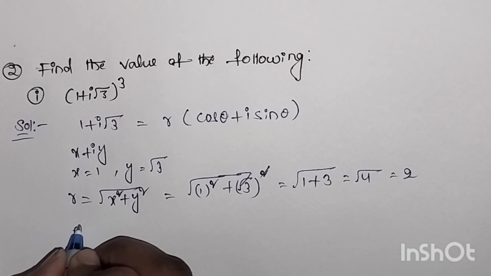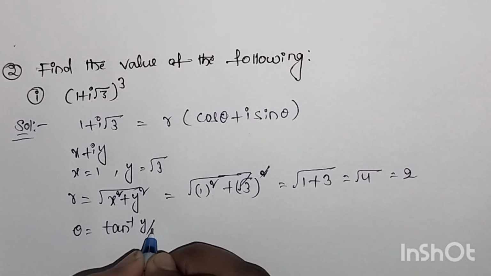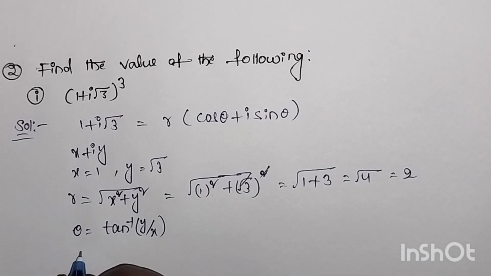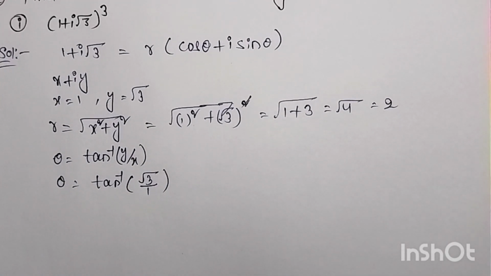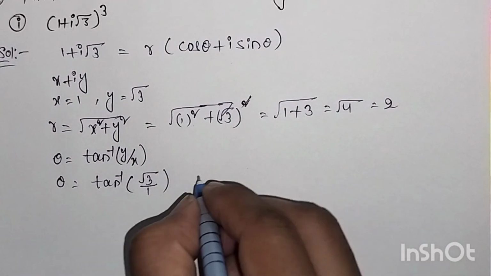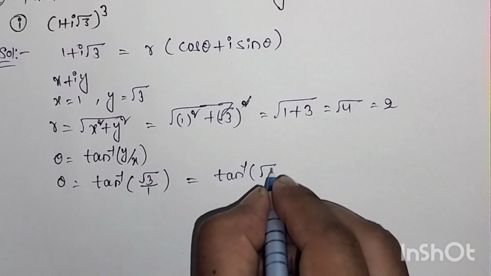Now we can find the theta value. The formula is theta equals tan inverse of y by x. So theta equals tan inverse, y is root 3, x is 1. That equals tan inverse of root 3.